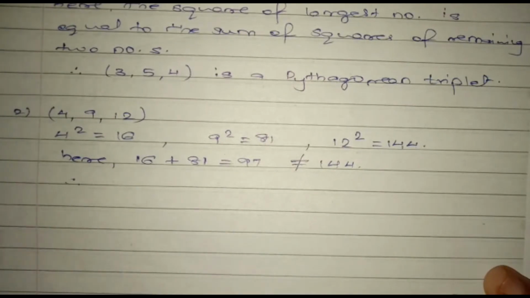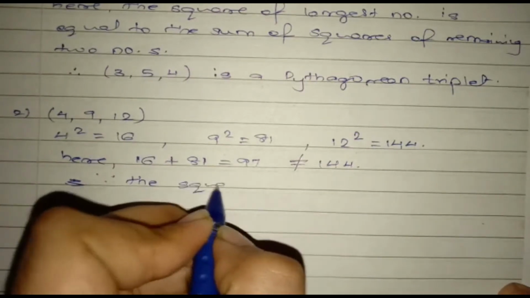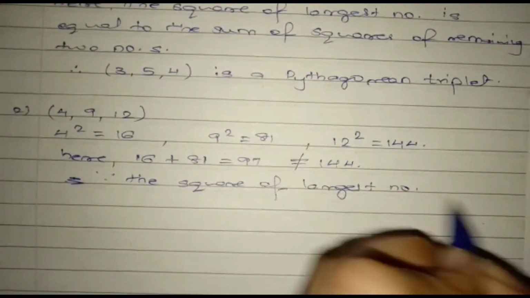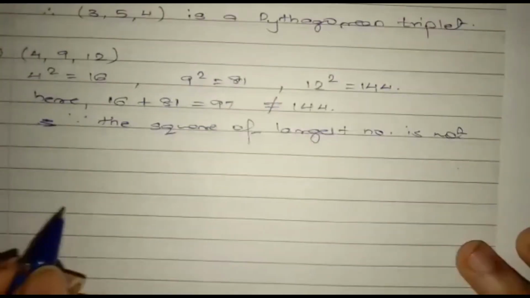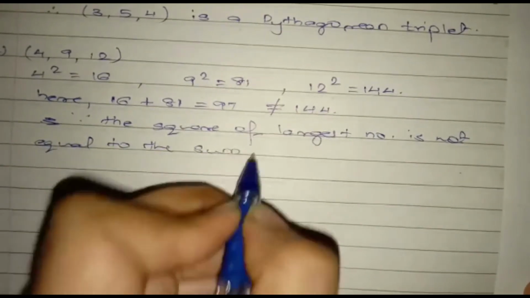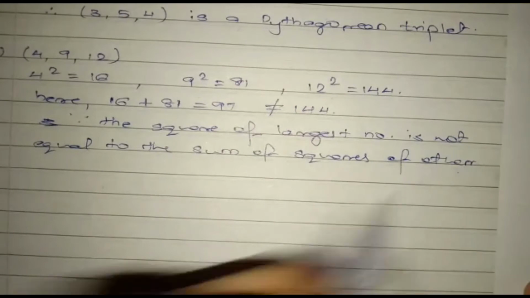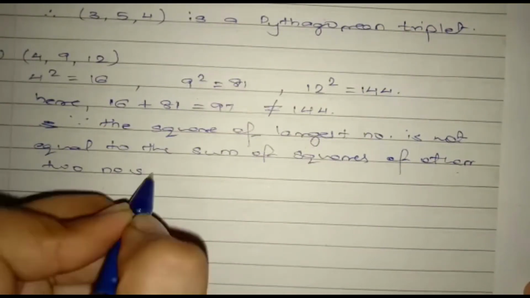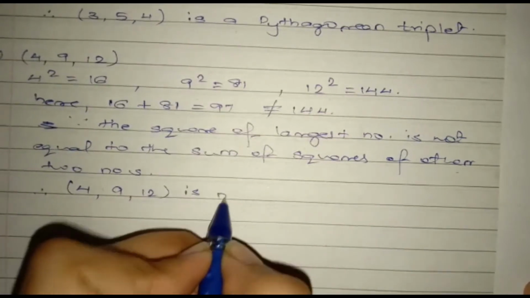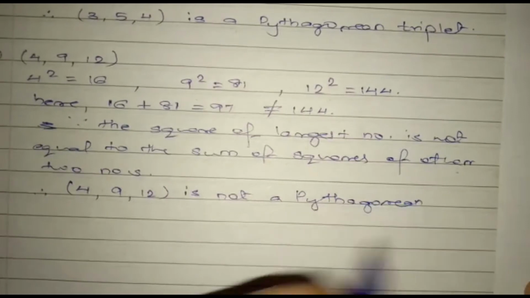Therefore, first we'll write the reason. Since the square of the largest number is not equal to the sum of squares of the other two numbers, therefore 4, 9 and 12 is not a Pythagorean triplet.